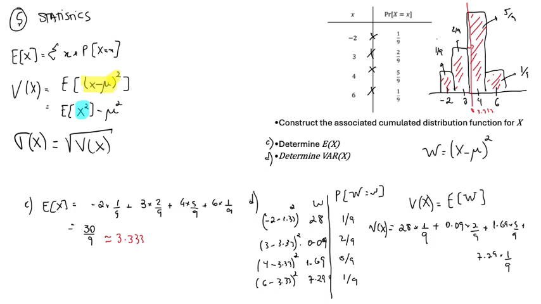So the variance of X is equal to 28 times 1/9 plus 009 times 2/9 plus 169 times 5/9 plus 729 times 1/9. Okay, so it's exactly the expected value of this newly created variable. Okay?